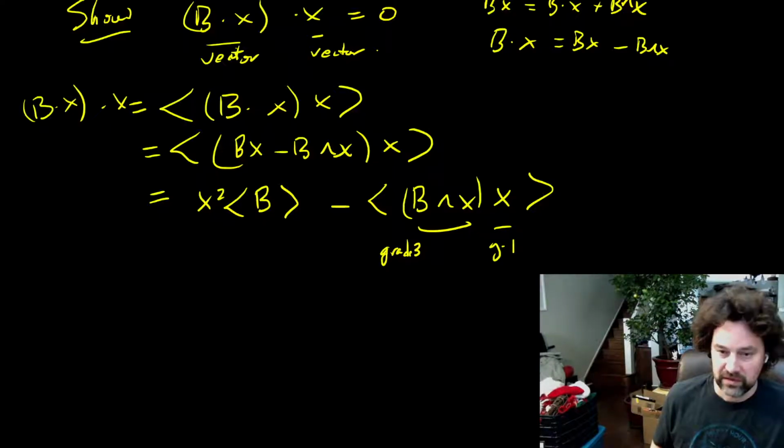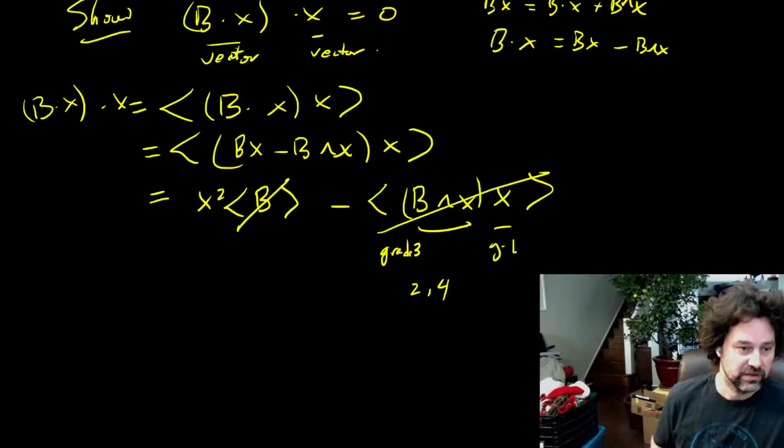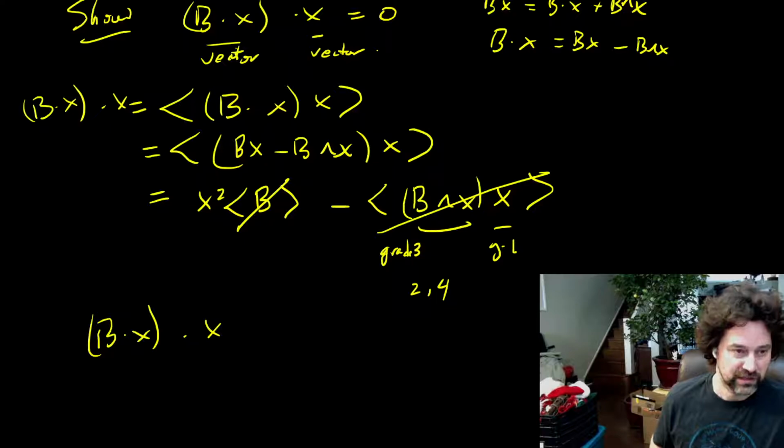So we take a grade 3 multivector times a grade 1 multivector, we can get grades 2 and 4 from such a product. So that has no scalar term. So this is 0 and this is 0. So we've shown algebraically in general for any b and any x, that b dot x is 0.